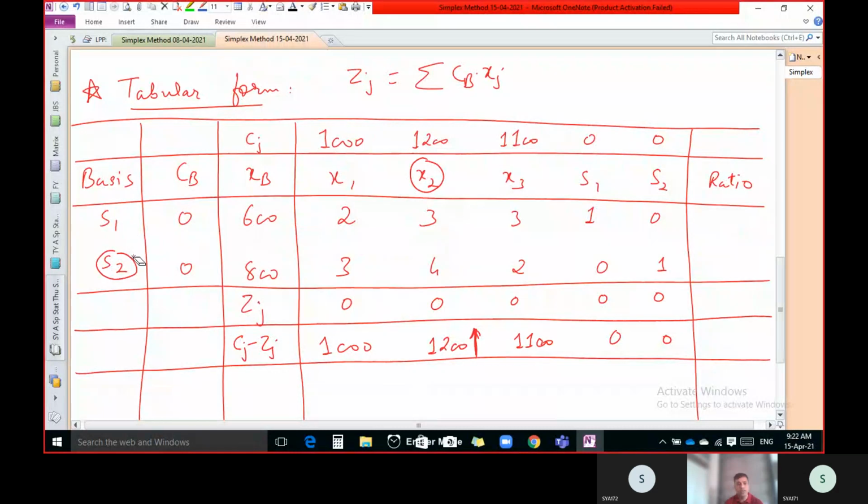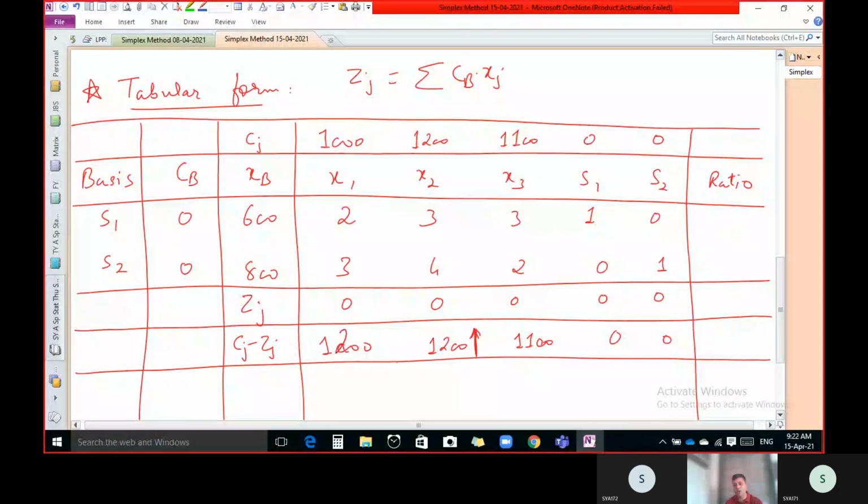After calculating Cj minus Zj, we have to select the maximum from the positive values. There are three positive values, we have to select the maximum. By chance, if we have the same positive value, let us say 1200, 1200, both are positive and both are maximum, you can select anyone randomly.